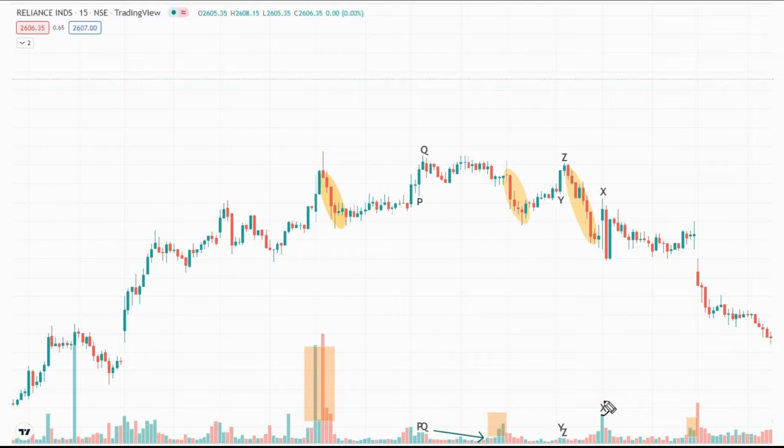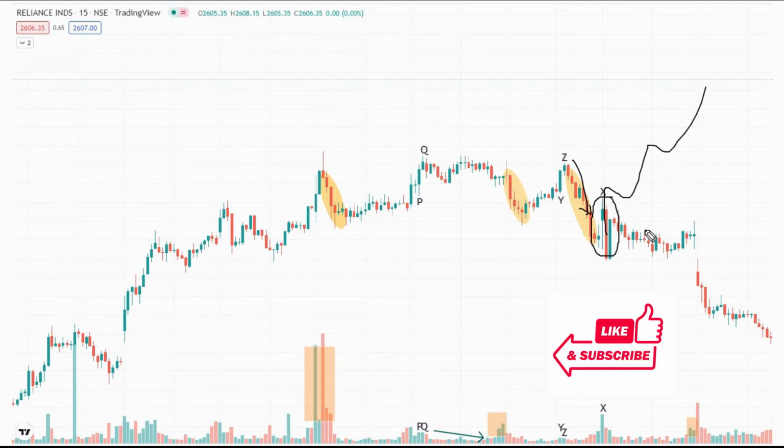And here, see this volume, huge volume, huge activity, and see the type of the candle. This is an indecision candle. After a strong downward momentum, there is an indecision candle. So now either the trend could change from down to up, or the trend would continue.